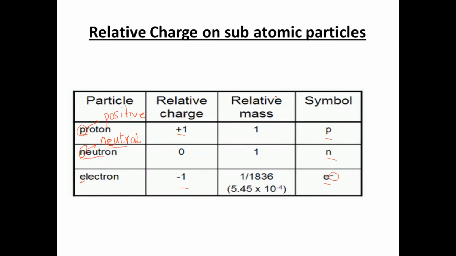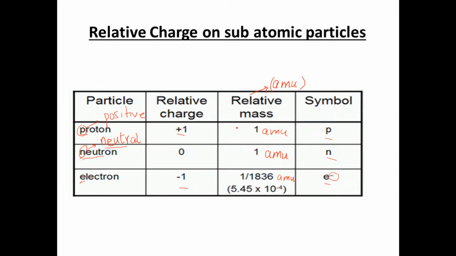Now we study about the relative mass, which is in AMU, the unit for the relative atomic mass. AMU, atomic mass unit. For proton, it is 1 AMU. For neutron, it is 1 AMU. And for electron, it is 1 by 1836 AMU, or in some books, it's also mentioned as 1 by 1830 AMU.